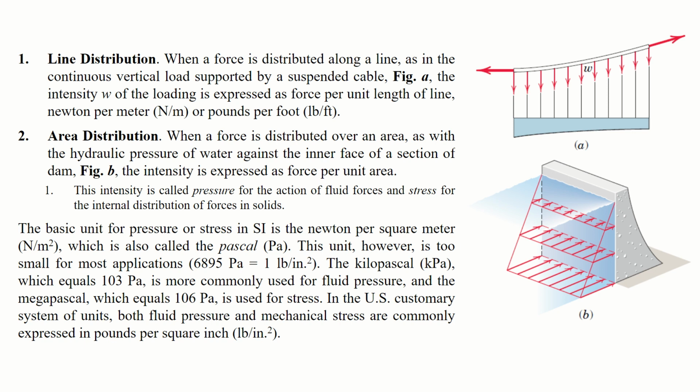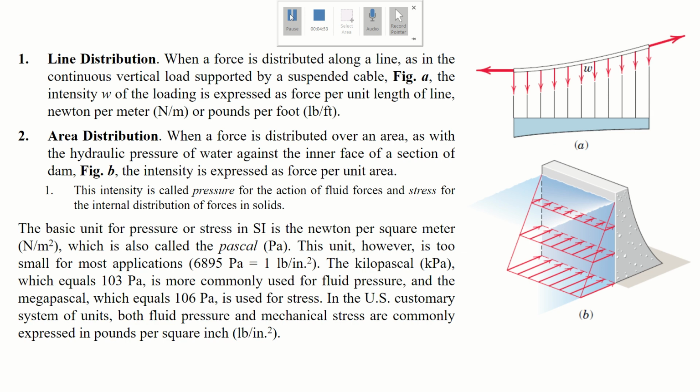When a force is distributed over an area, I'm sorry, I'm going to talk about the second, area distribution. When a force is distributed over an area, as with the hydraulic pressure of water against the inner surface of this section of a dam, the intensity is expressed as force per unit area.